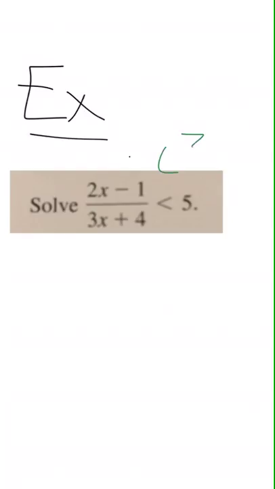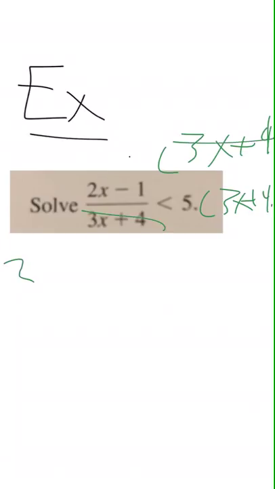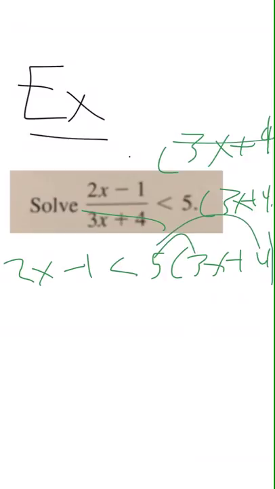What you can do is multiply both sides by 3x plus 4 to get rid of the denominator. On the left-hand side, those would cancel out, so you just have 2x minus 1. Bring down your inequality, and you need to have 5 times 3x plus 4. And if you distribute on the right-hand side, multiply both sides by 5, you'd have 5 times 3x, which would be 15x, and 5 times positive 4, which would be positive 20.